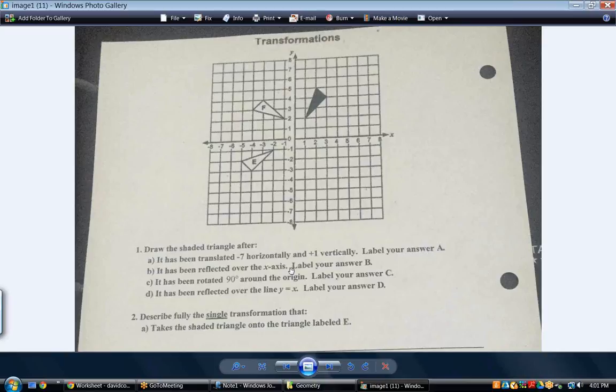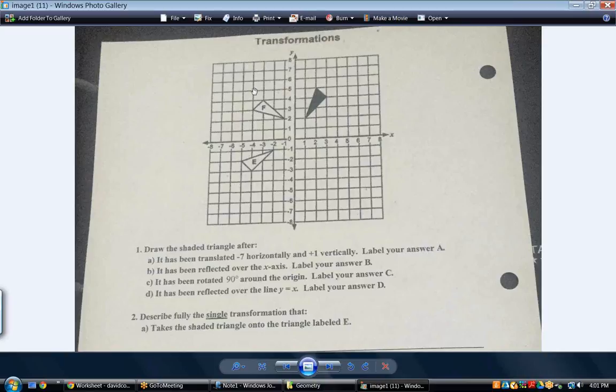Probably a 90 degree and then translate it from there. That's an interesting answer. I think it's the right answer. You want to take a 90 degree rotation counterclockwise and then reflect it over the x-axis.